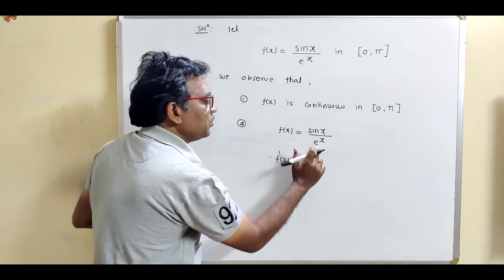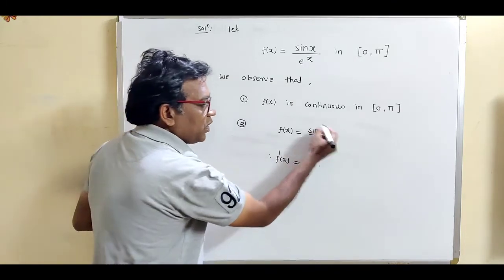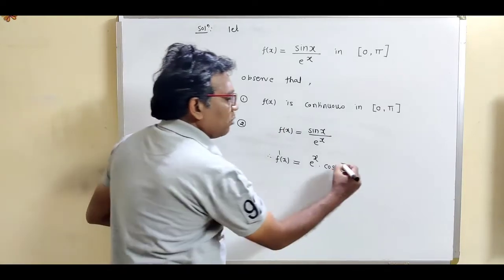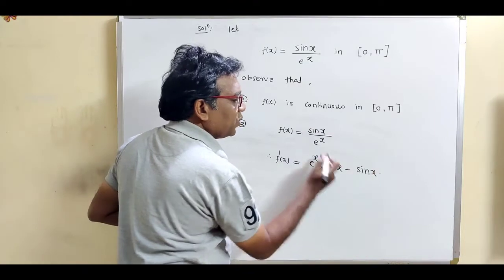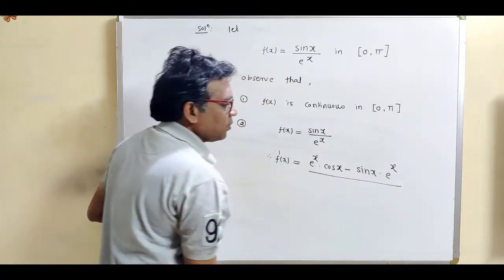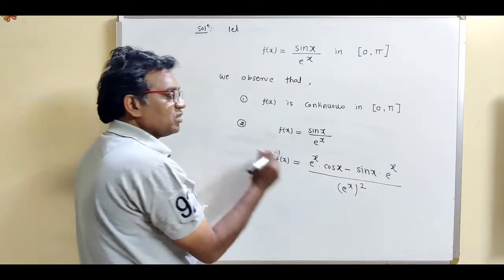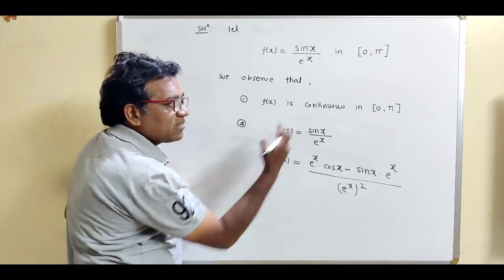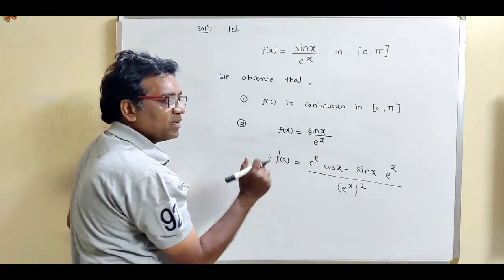So what is the division rule? Denominator as it is, e raised to x, into derivative of numerator, derivative of sin x, which is cos x, minus numerator as it is, sin x, into derivative of denominator, derivative of the exponential function, which is the same, divided by v square, that is denominator bracket square. So this is the derivative. Now if we put the values of x in between 0 to pi, we find that this derivative always exists.